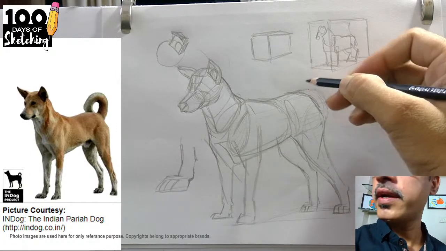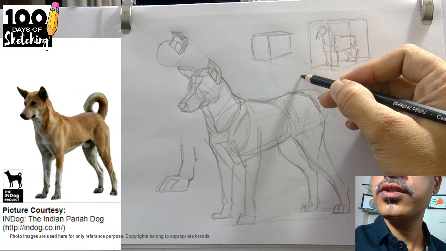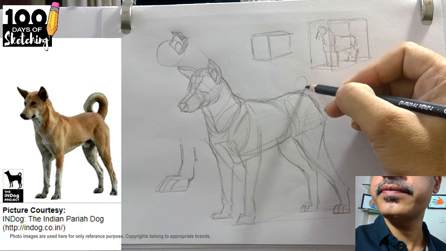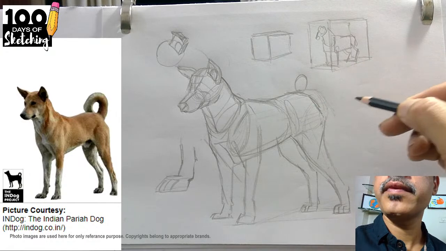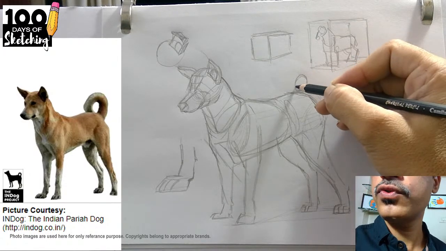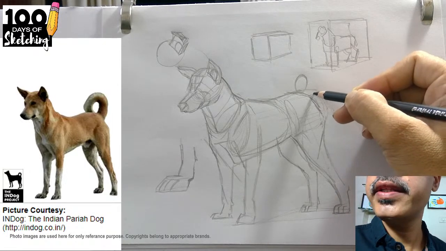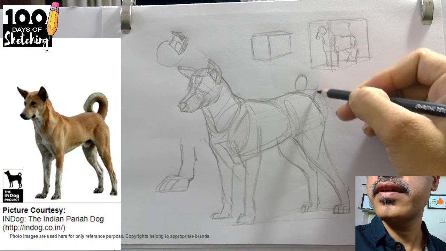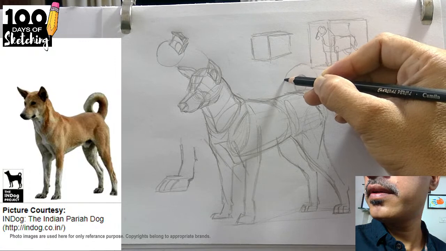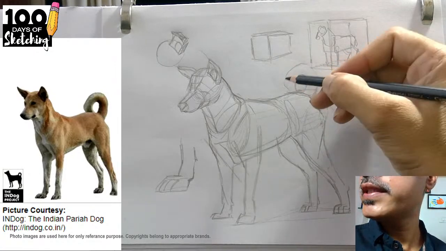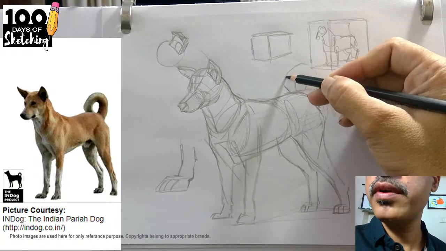Now here if I come to the tail, I can see this oval shape here. So I drew that first, and after that the thickness. I can see a slight turn here instead of an exact round.